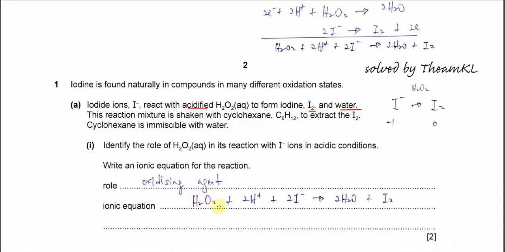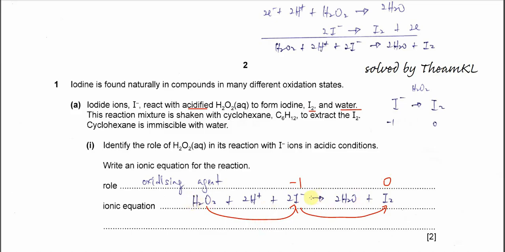So the H2O2 under acidic condition oxidizes iodide to iodine. Because it's -1 to 0, we say that H2O2 is an oxidizing agent, and of course you have to balance it.